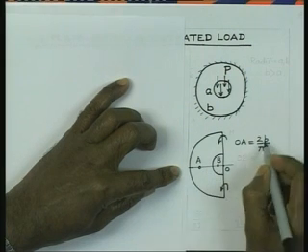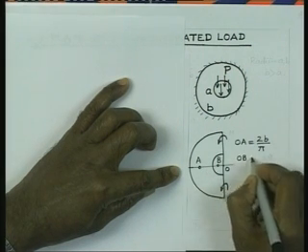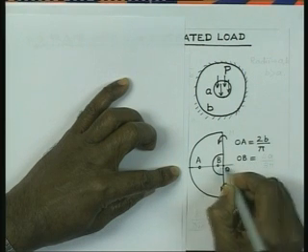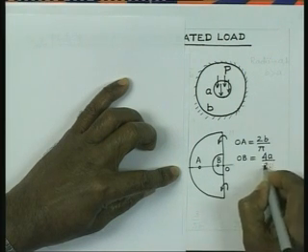OA, that distance is 2B by pi, and OB is nothing but 4A by 3 pi.